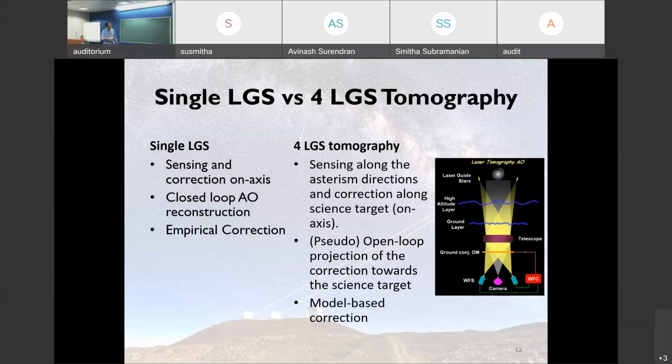As I said, we have to use a model to figure out what atmospheric turbulence we have missed in between. We have a model which works pretty well for open loop, meaning when reconstructing the entire turbulence, but it doesn't work well for the residual turbulence left after correcting most of it.